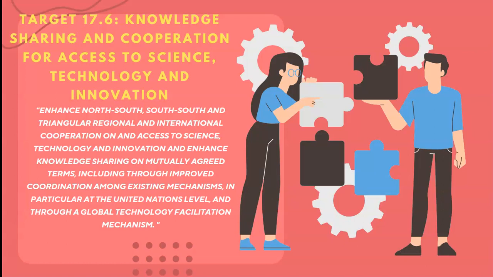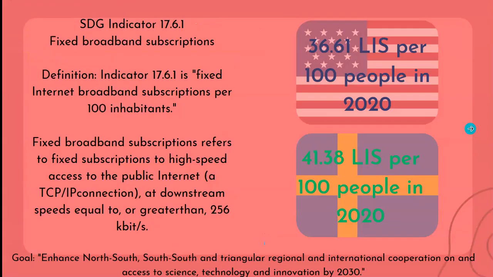So to try and build the technology, science, knowledge, the sharing of information amongst the countries and within the countries, especially as we look at building up those underdeveloped countries. One aspect of the technology is 17.6.1, which is fixed broadband subscriptions.